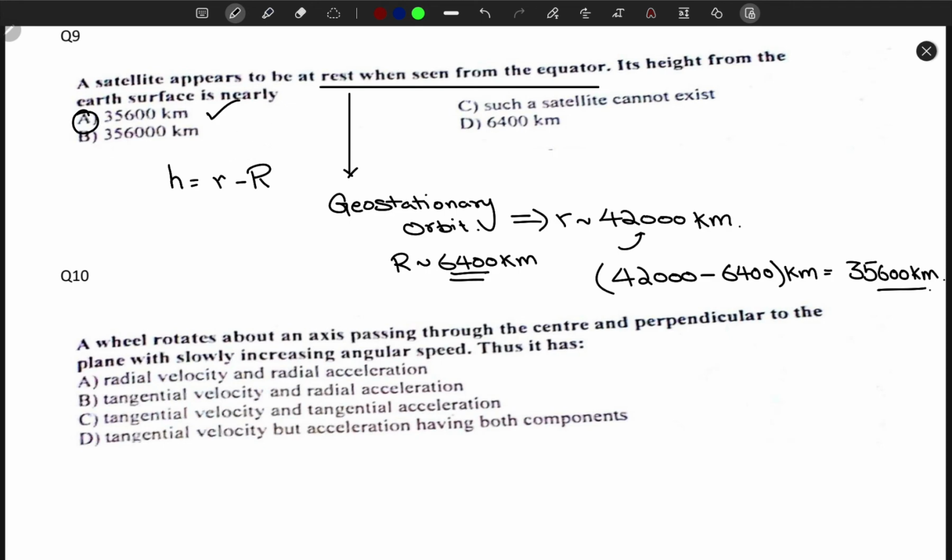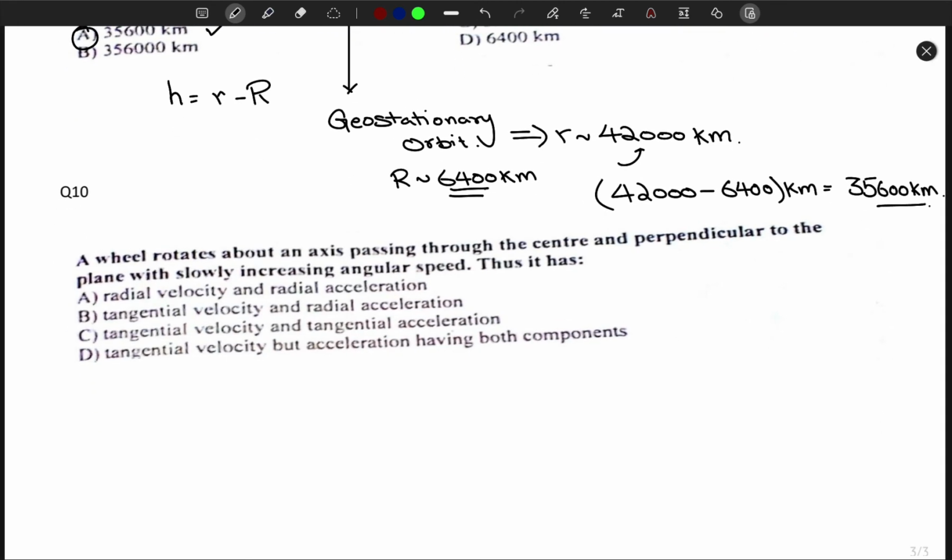Perfect. So now let's move on to this final question, question number 10. This question says that a wheel rotates about an axis passing through the center. So a wheel is rotating about an axis which passes through the center of this wheel and perpendicular to the plane with slowly increasing angular speed.